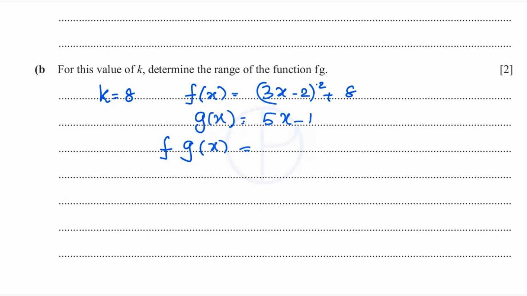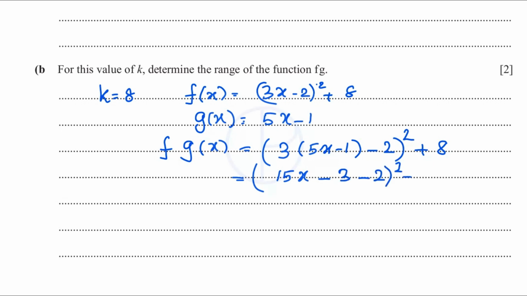Substitute g of x into f of x. So 3 for x, substitute 5x minus 1, minus 2, the whole squared plus 8. 15x minus 3 minus 2 the whole squared plus 8 is nothing but (15x minus 5) the whole squared plus 8.